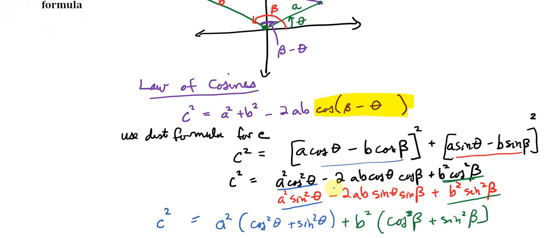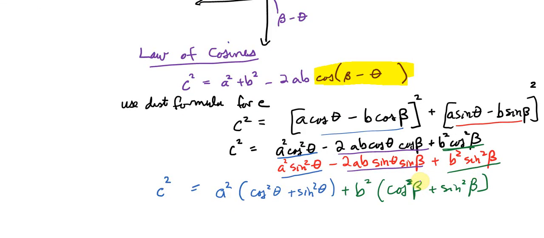All right, so this video is getting a little bit long, so I'm going to end it right here, and I'm going to pick up in the next video. But you can kind of see where we're going here, so I'll just add those two other terms here. So I'll get negative 2AB times cosine theta cosine beta plus sine theta sine beta.